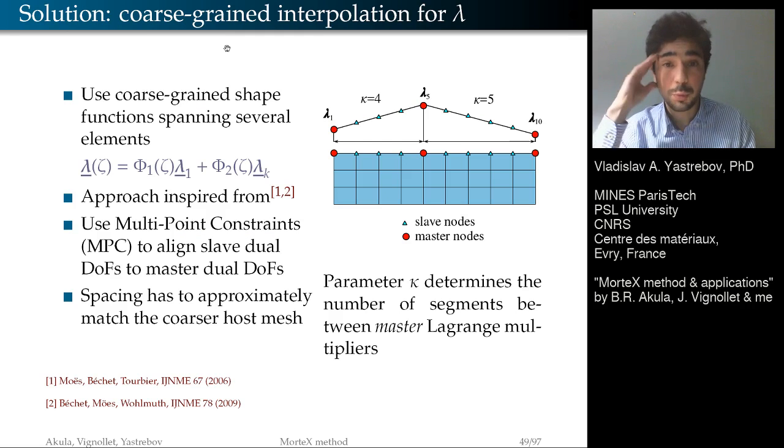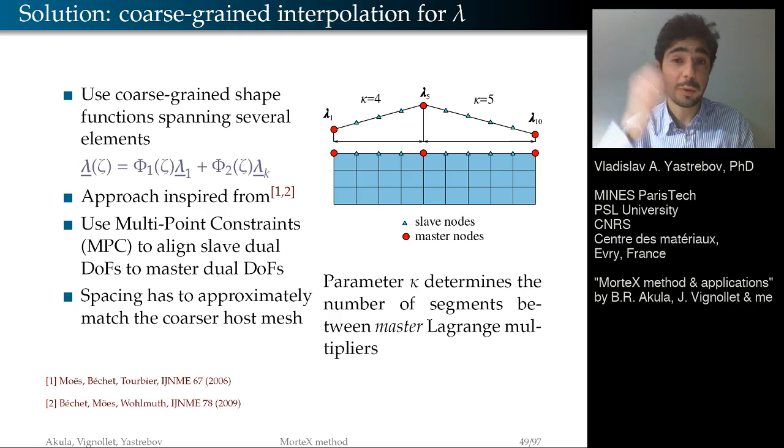And our solution, and it works, is to coarse-grain the Lagrange multipliers. The idea is inspired by a publication by Nicolas Moës and collaborators, and Barbara Wohlmuth as well.